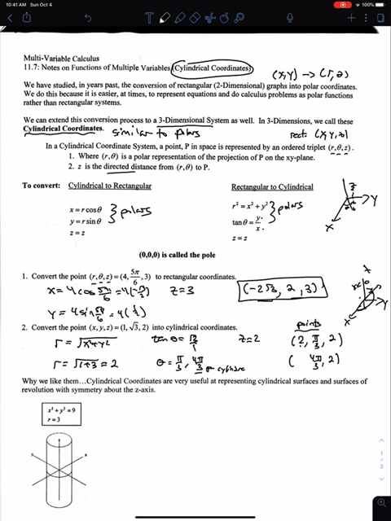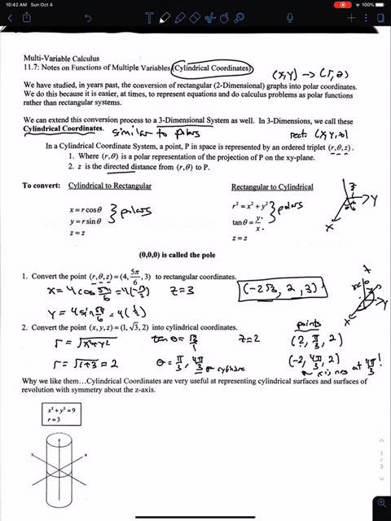So my x coordinate here becomes negative because we're at 4 pi over 3. That's kind of a tricky question right there.